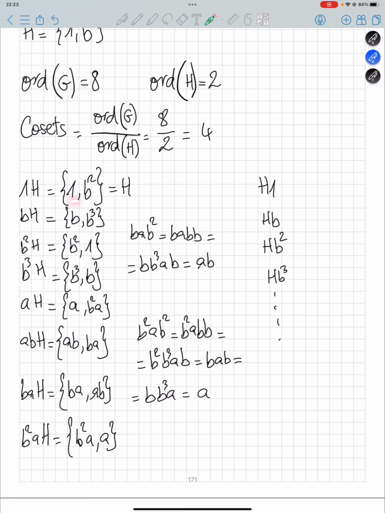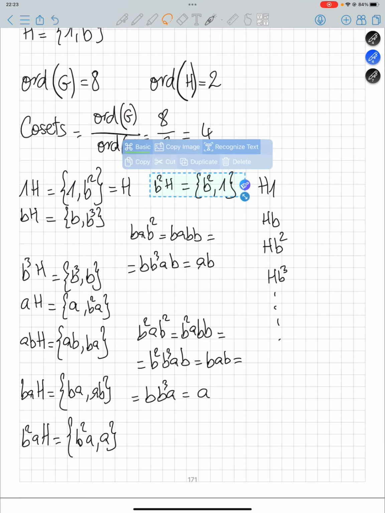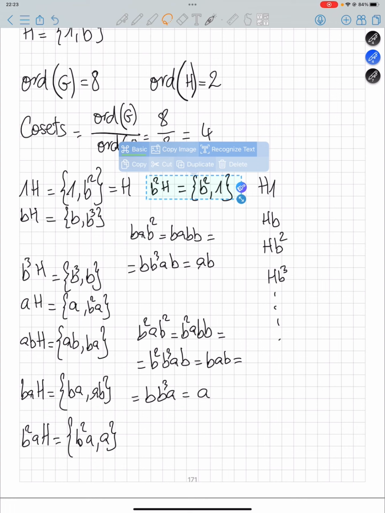So here we have identity B square, here we have identity B square, so these two are the same, right? So we can say that they are the same.